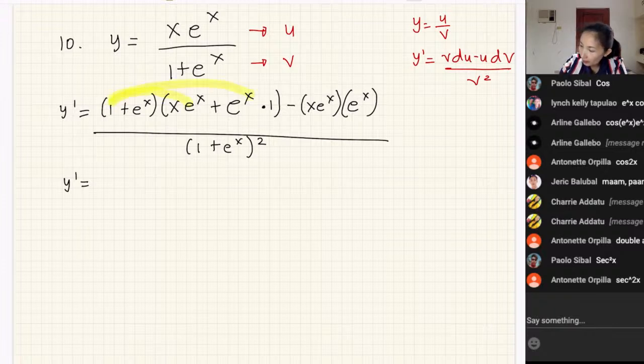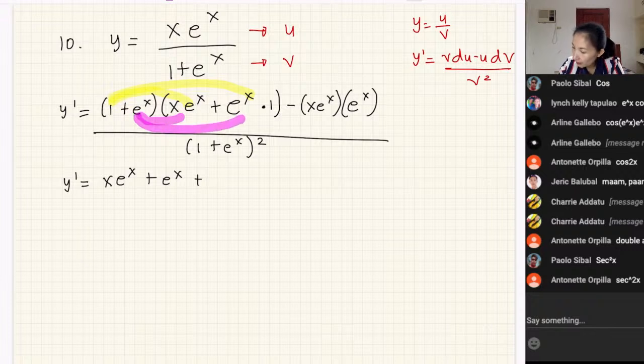Then we'll get x e raised to x and then plus e raised to x plus, multiply this with this and this with the second.